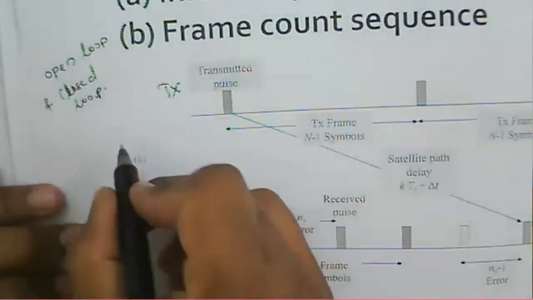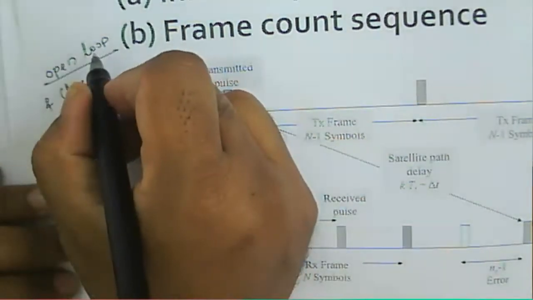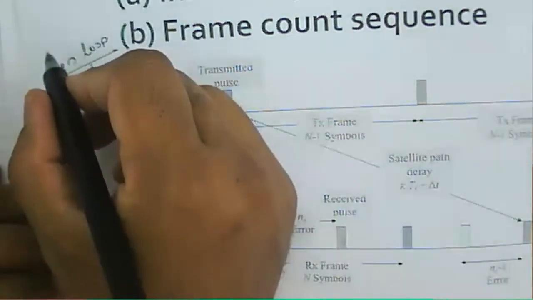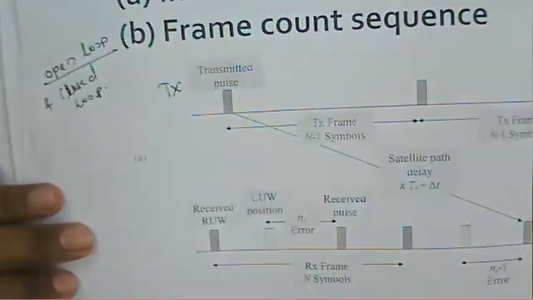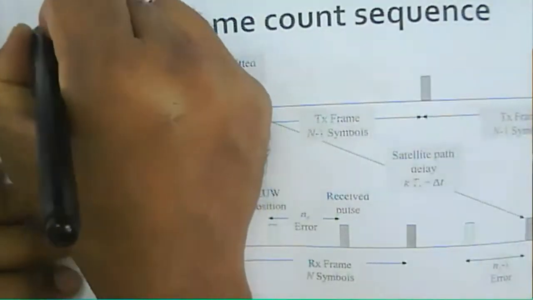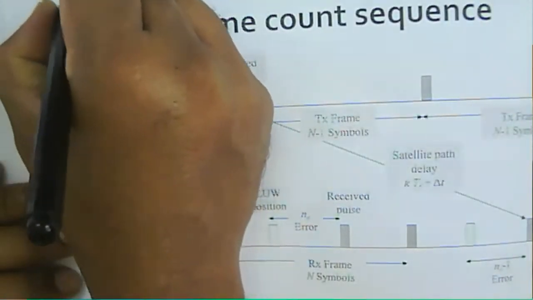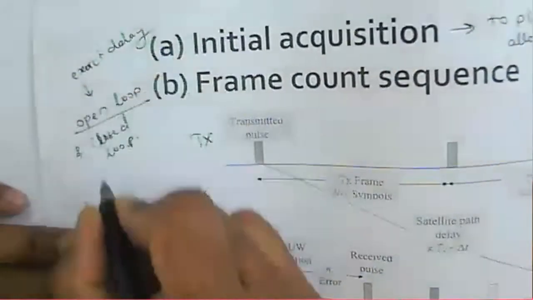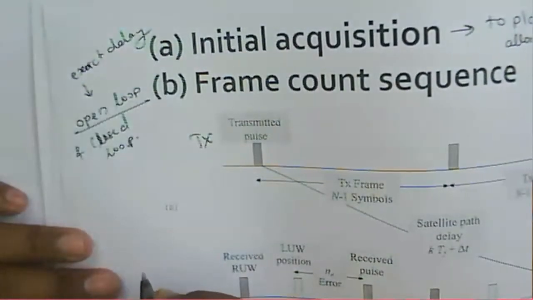In the case of the open loop acquisition method, we need to know the exact delay between the earth station and the satellite.